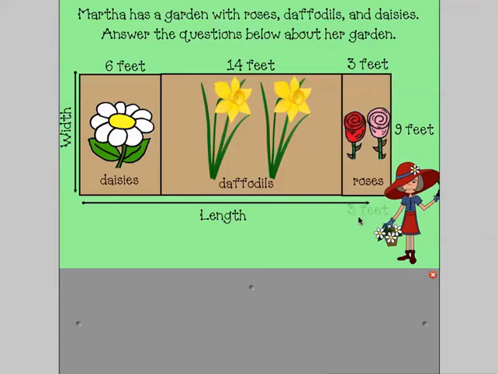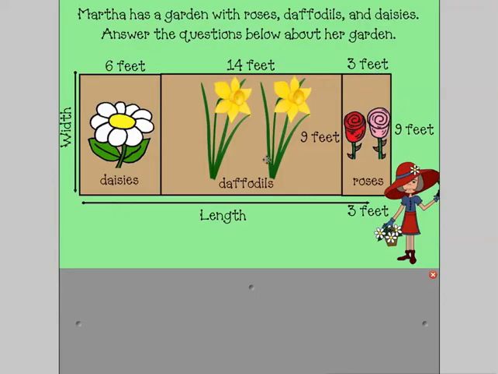So even though the problem didn't give me that information, I can fill that information in. I know that just because I understand rectangles. Now, if this is 3 and this is 3, and this over here is 9, what does this have to be right here? If you said 9 feet, you're right, because opposite sides of a rectangle are the same size. So just looking at the roses section of her garden, we've got 3 feet, 3 feet, 9 feet, 9 feet. All right, we're done with the roses.